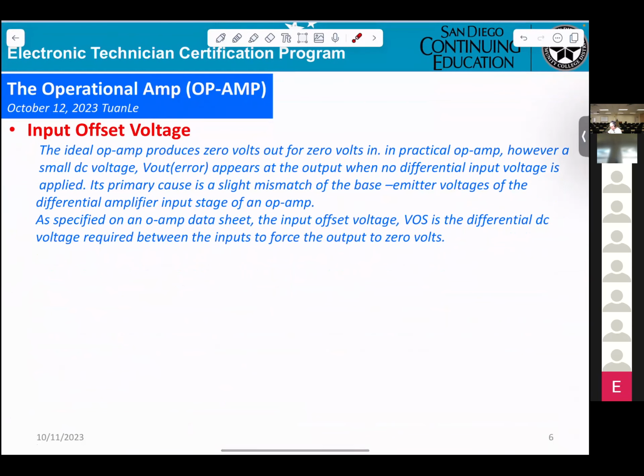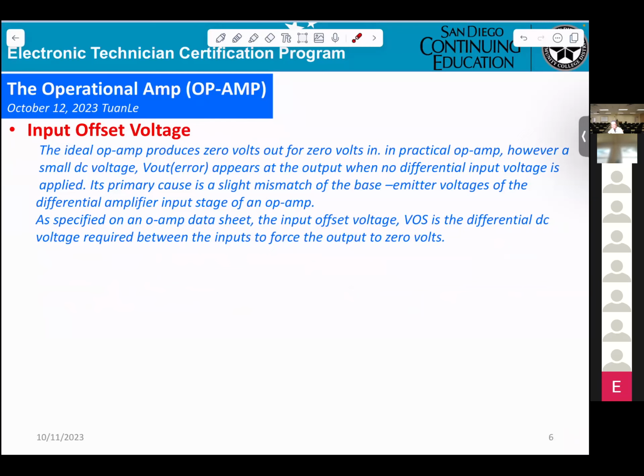Input offset voltage. The ideal op-amp produces 0 volt out for 0 volt in. Normally, when you get the input 0 volt, the output is supposed to be 0. However, that does not really happen that way.